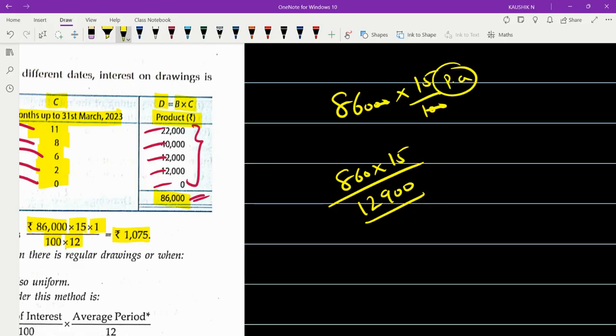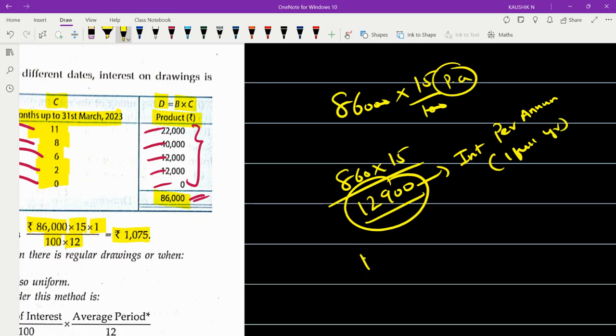But normally, what is the concept? Interest per month is required. So in total, 12,900 is the interest per annum, that means for one full year. If you want to know the monthly interest, what you do is divide this value, 12,900, by 12.